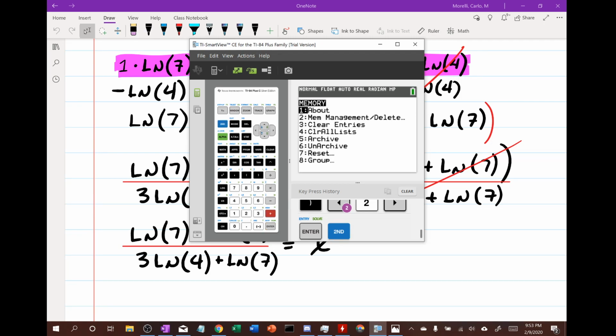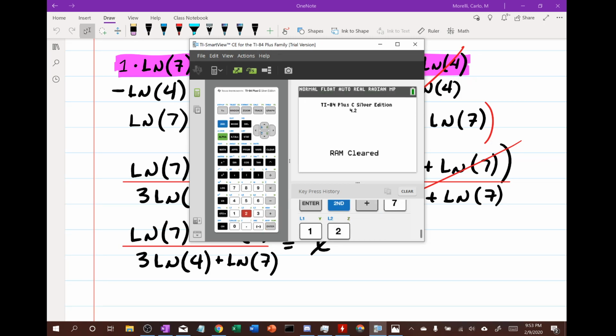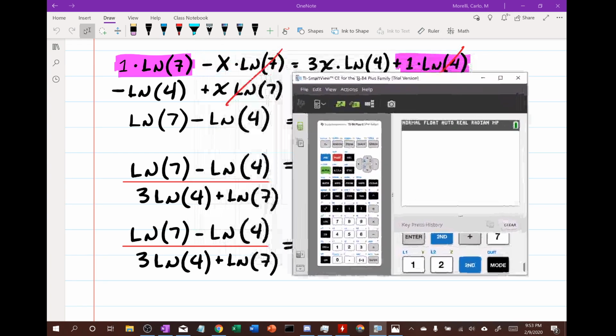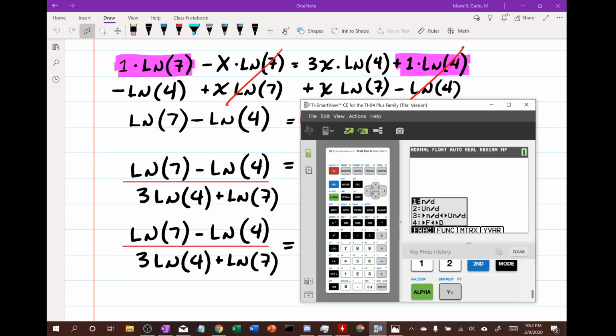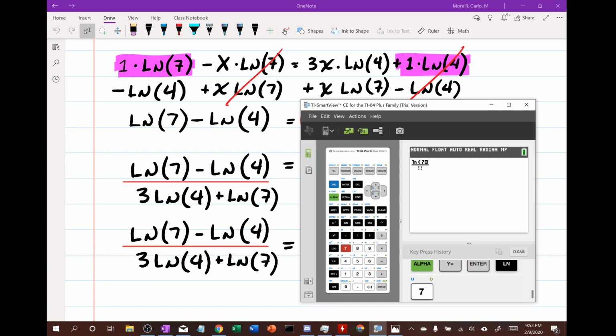Okay, so what I'm going to do is put this whole thing, alpha y equals enter, and I'll hit ln 7 minus ln 4 over 3 ln 4 plus ln 7. 0.0916.